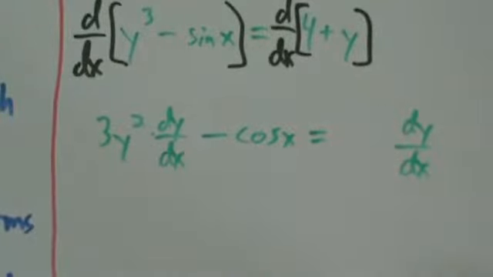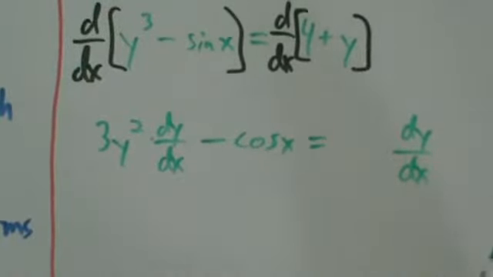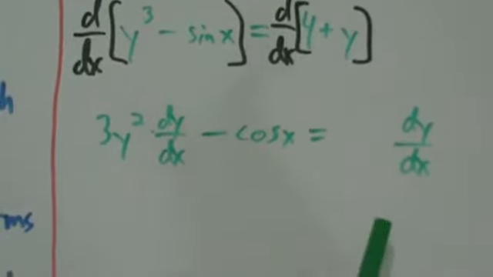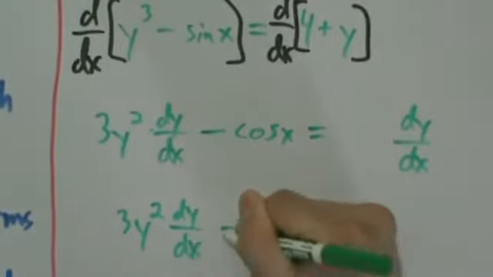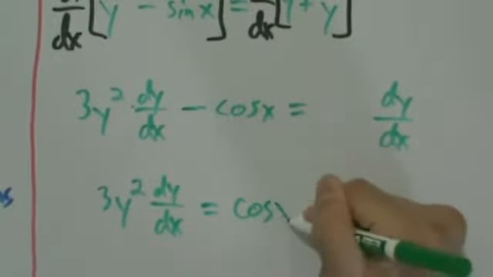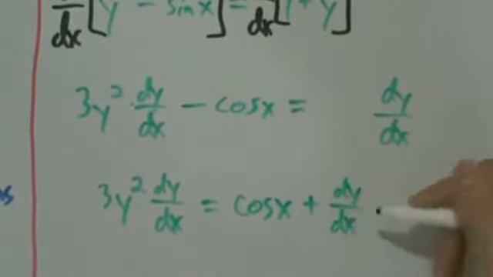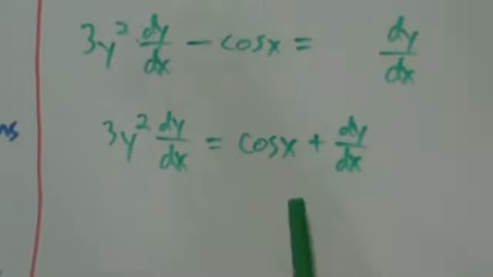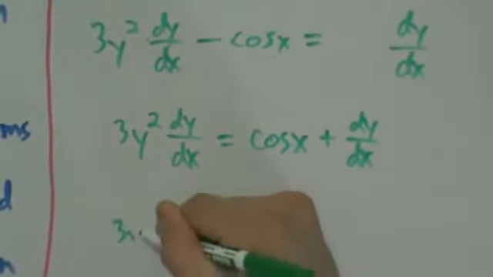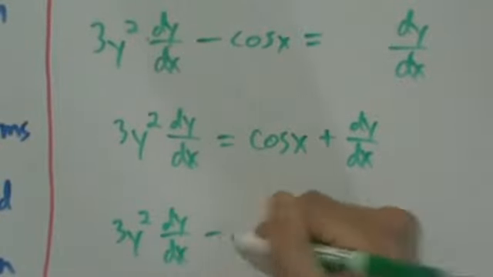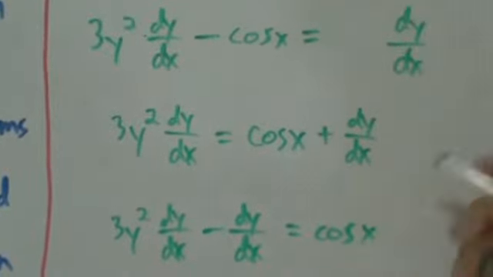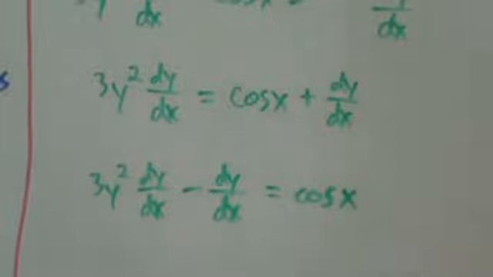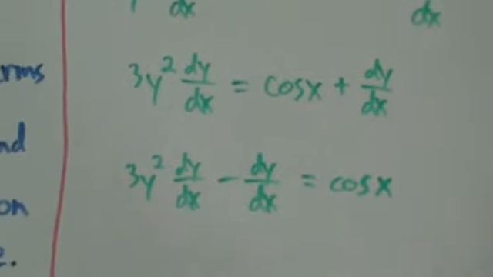So let's add cosine x to both sides, and then we'll subtract this dy dx from both sides. First we have 3y squared dy dx equals cosine x plus dy dx. Now subtract dy dx from both sides: 3y squared dy dx minus dy dx equals cosine of x. Do we really need to split it up into two steps like that? No, not really, but I want to show you in detail what's happening here.